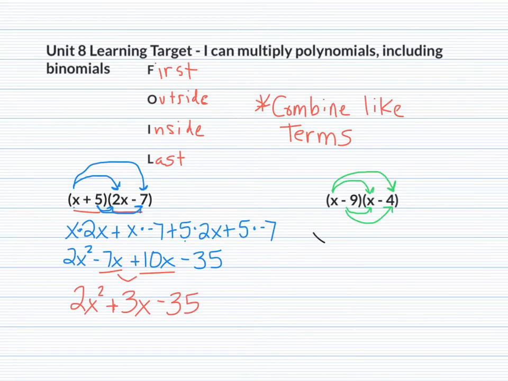So x times x, plus outside, x times -4, plus inside, -9 times x, plus -9 times -4. Okay, you simplify and combine like terms. Bring any questions you have, and let's look at a different strategy you could take.